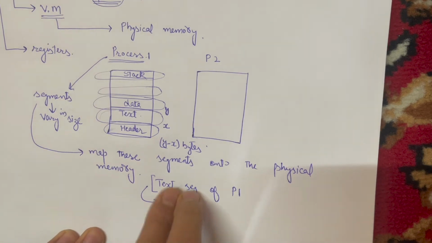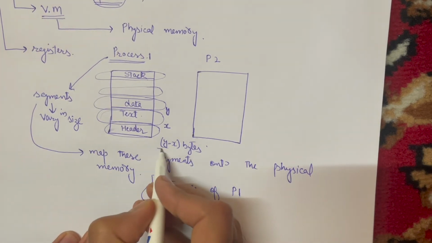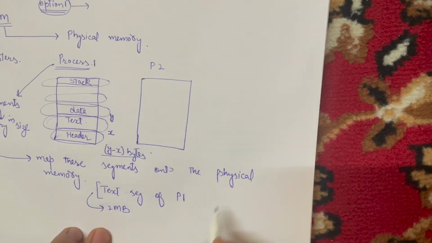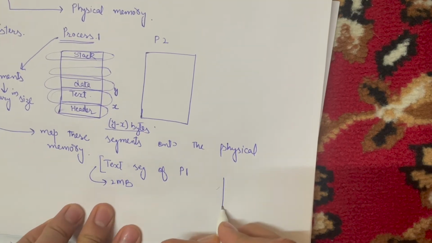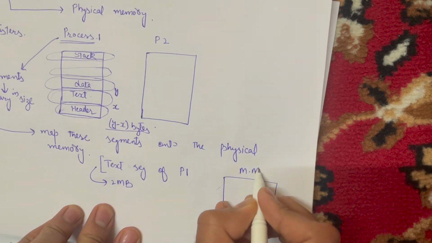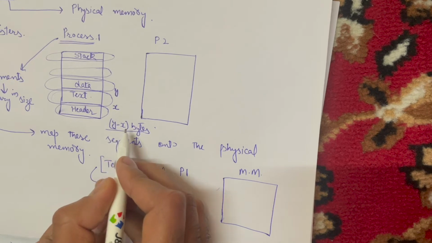Now we have to place this segment into the physical memory, or main memory. We will find a space of size Y minus X bytes.